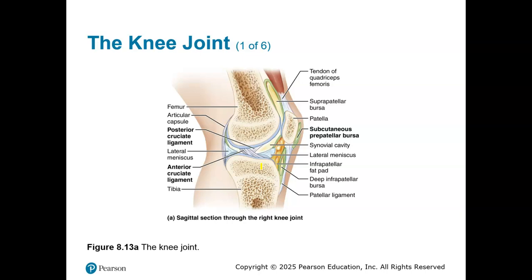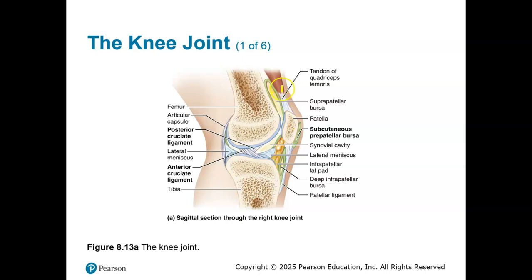And let's see. You can see fat pads in the knee joint for extra shock absorption. You can see that it has bursa. There is a tendon. So the patella or kneecap is one of those bones, a sesamoid bone. And a sesamoid bone forms inside of a membrane. In this case, it's inside of the tendon here.